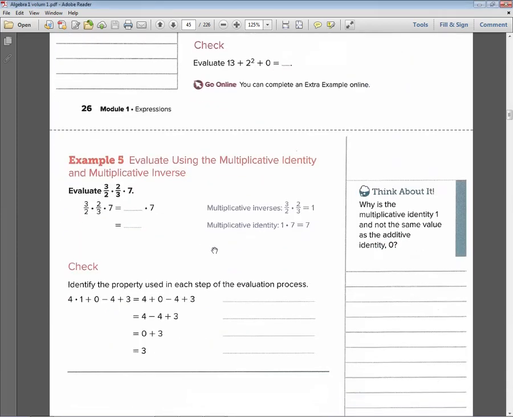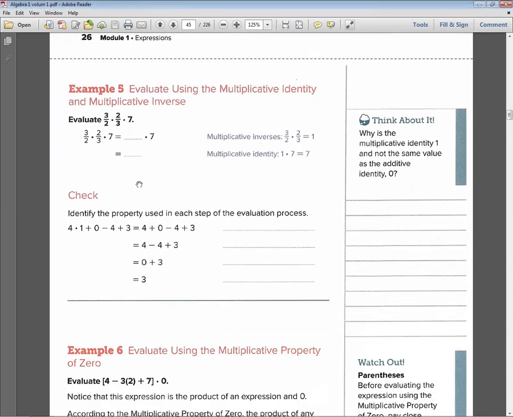Moving forward. Another problem here: evaluate 3 over 2 multiply 2 over 3 multiply 7. We have 3 numbers. First of all, I'd love to multiply the first and the second. I see 3 over 2 and 2 over 3 as multiplicative inverses.